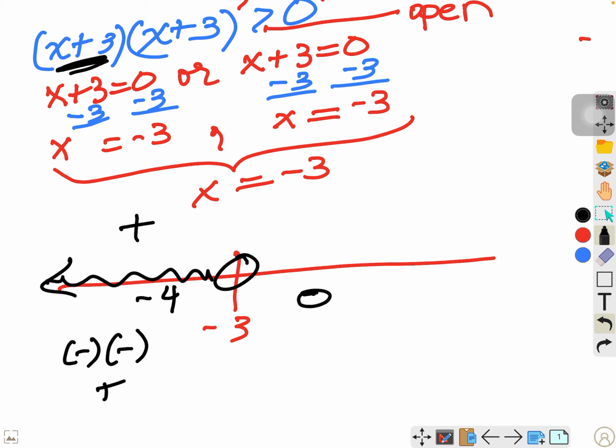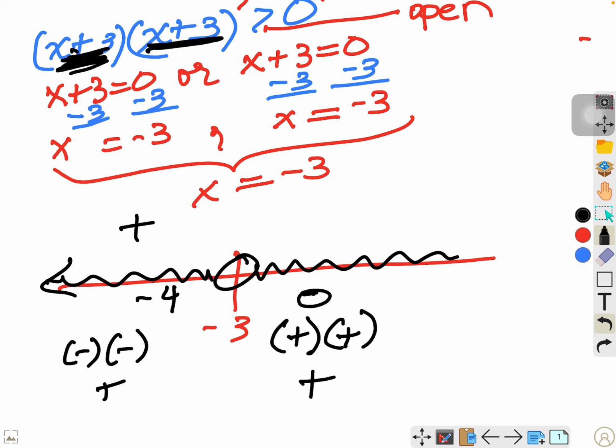Let's test the other region. 0 plus 3 is positive. 0 plus 3 again is positive. This region also is positive. So we have shaded all real numbers except the number -3.